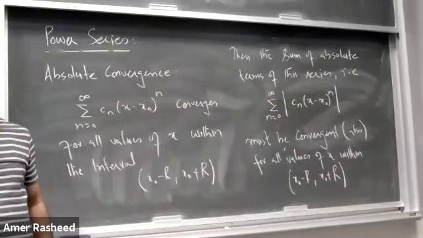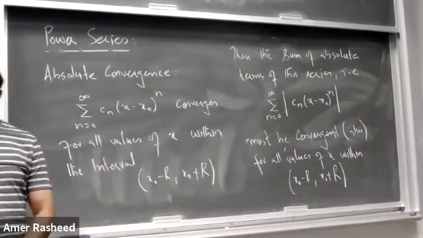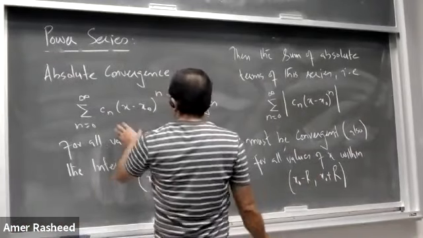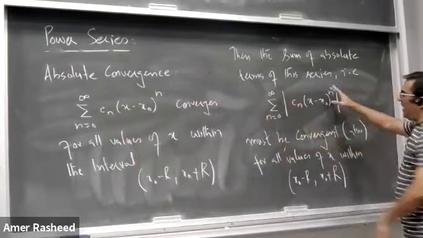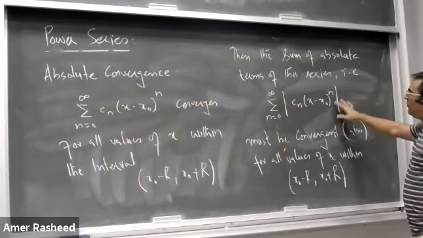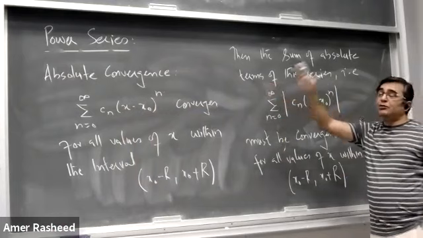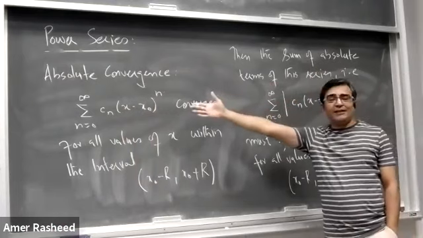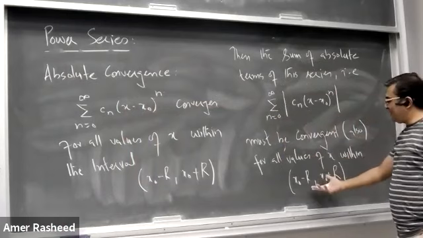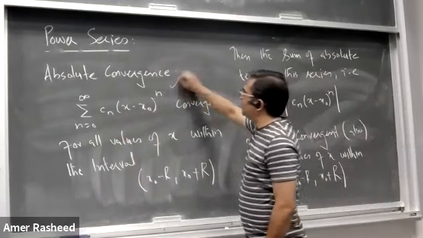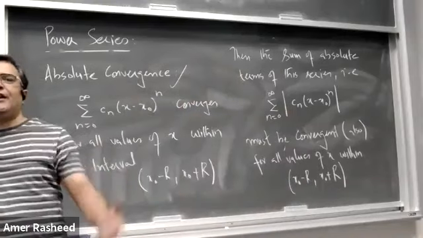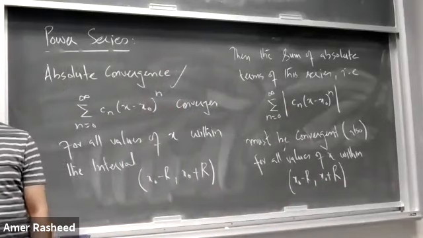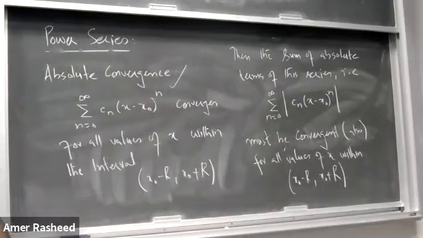If we take the sum of the absolute values of the terms of this series and it is convergent, then we say that this series is absolutely convergent. Absolutely convergent means even if we take the absolute values of each term of this series, it will still be convergent. That's why we call it absolutely convergent.